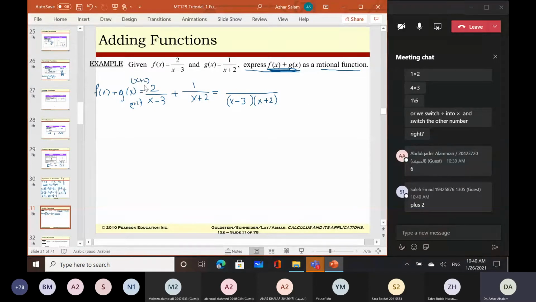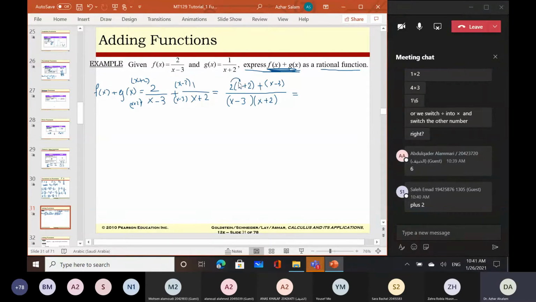So here it is 2 multiplied by x plus 2, plus 1 multiplied by x minus 3, because I multiplied the second fraction by x minus 3 to have this. Now I simplify.